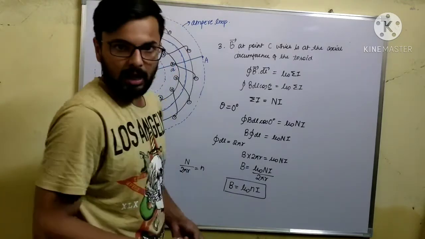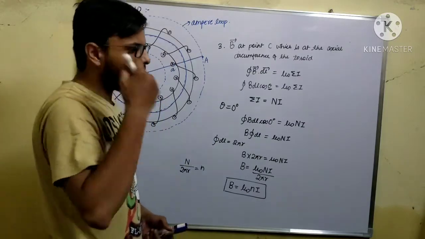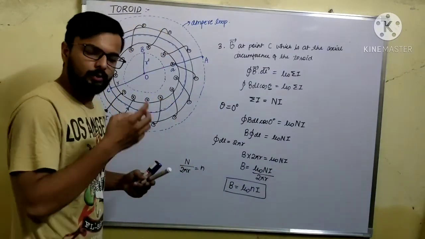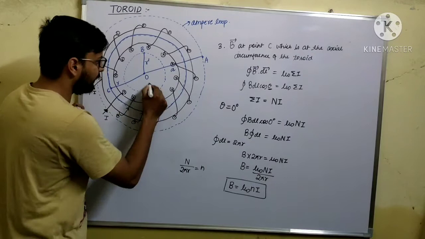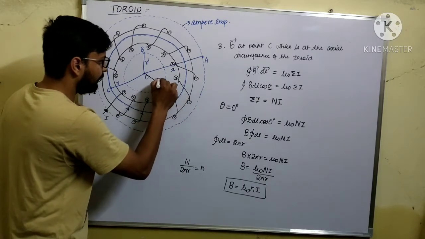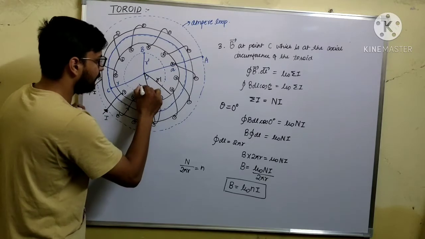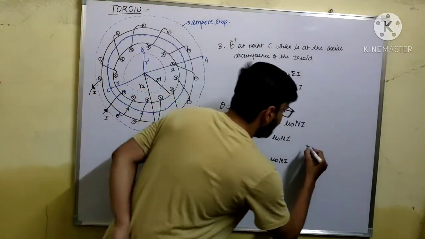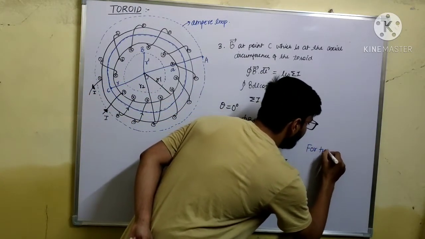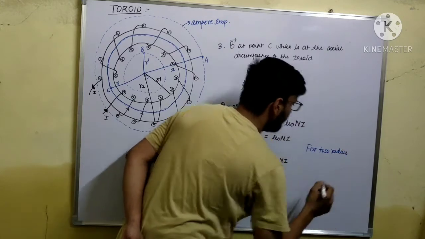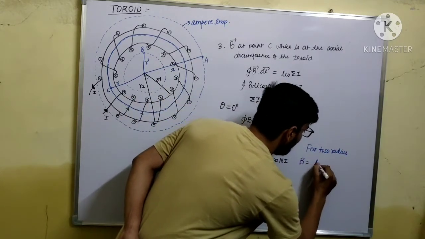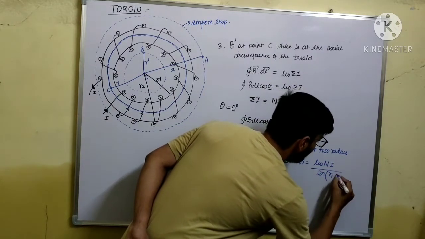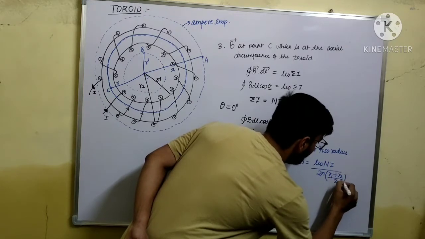If you are given the two radii of the toroidal solenoid, one is the inner radius R1 and the second is the outer radius R2, then the magnetic field will be B is equal to mu naught N I upon 2 pi, times the average of those two radii.